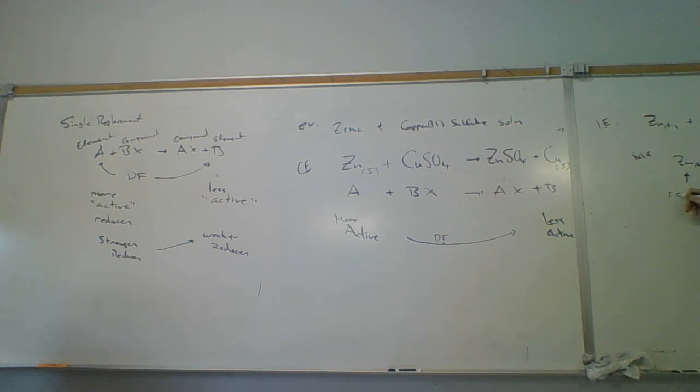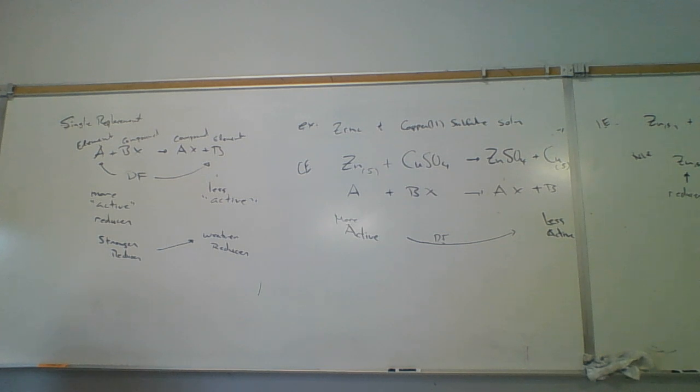Reducer. So zinc is the reducer. What happened to copper? Copper went from 2 plus to plus. Is that right? No, I made a mistake. Where's my mistake? Yeah, it's copper solid. So we went from copper 2 plus to copper 0.